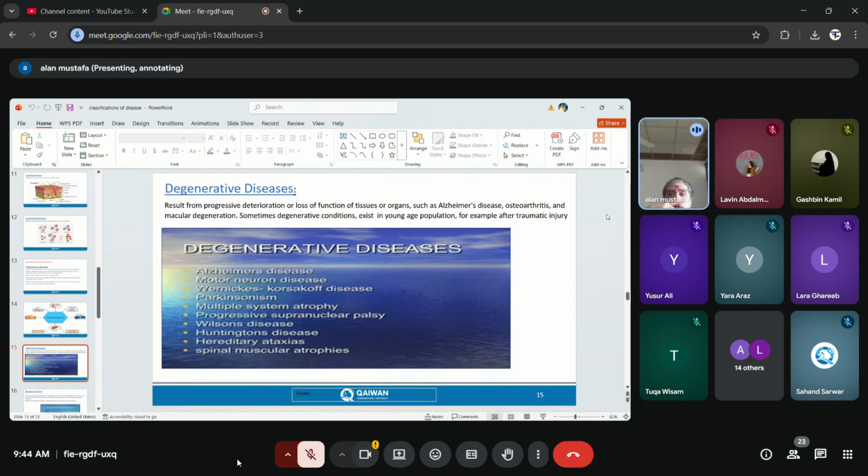Part of it is lost with years in elderly people. That's why you get Alzheimer's disease. Osteoarthritis is a degenerative disease. Why? Because part of the bones, especially in the joints, get worn down.